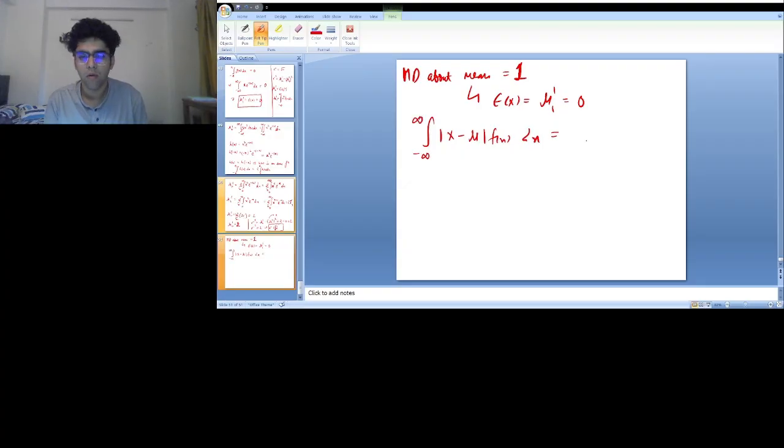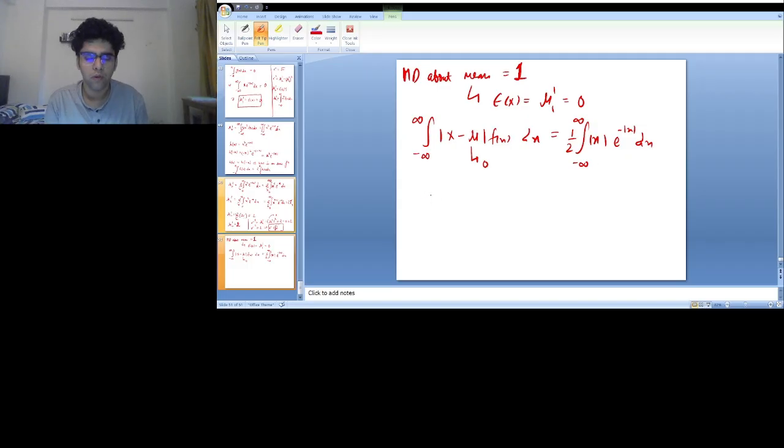Because mu is 0, this gives me mod of x. Taking the half, y naught, outside, this is e to the power minus mod of x dx from minus infinity to infinity.